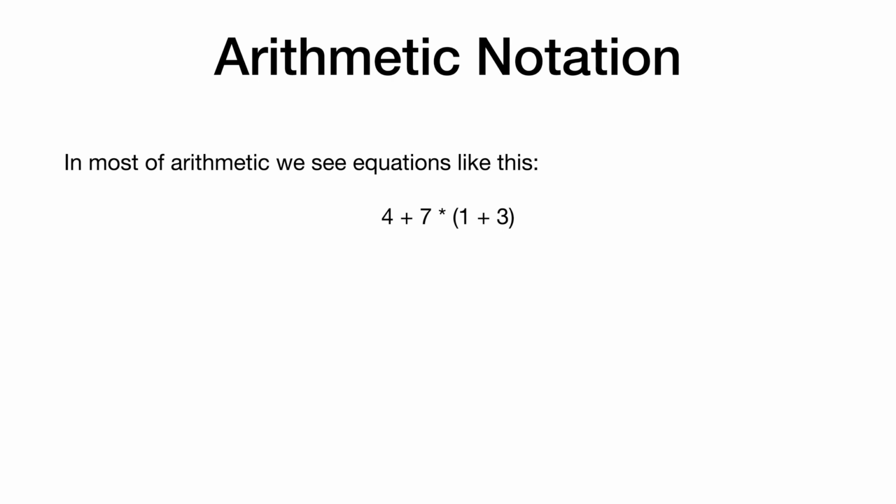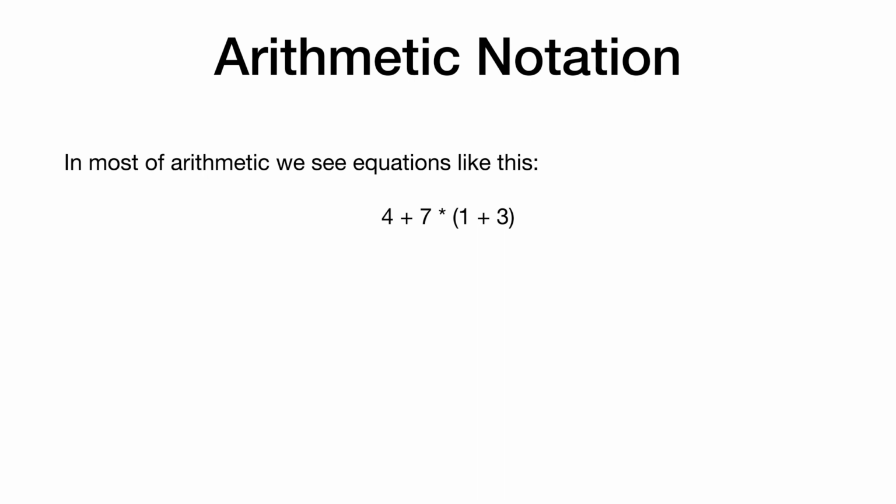In probably all of the math classes you've had up until now, you've seen nice arithmetic equations like this that we know how to evaluate using our order of operations, right? First we process what's in parentheses.